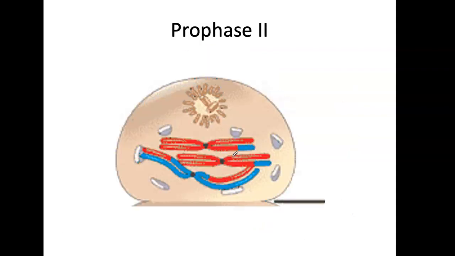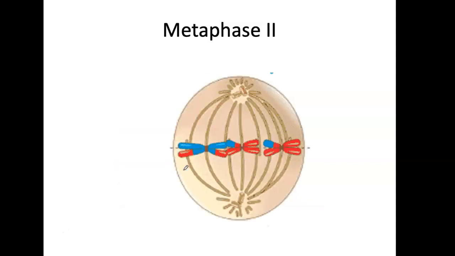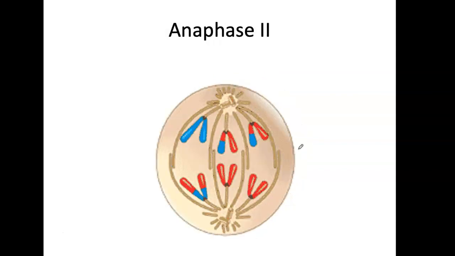There's prophase II, with its crossing over that happened here. Move on. Now they align again in the middle, now in a single row. Anaphase will pull away, and I have my different chromosomes pulling away.